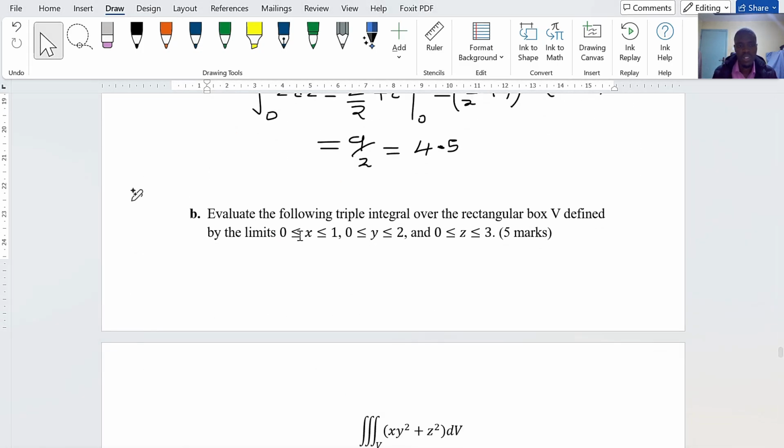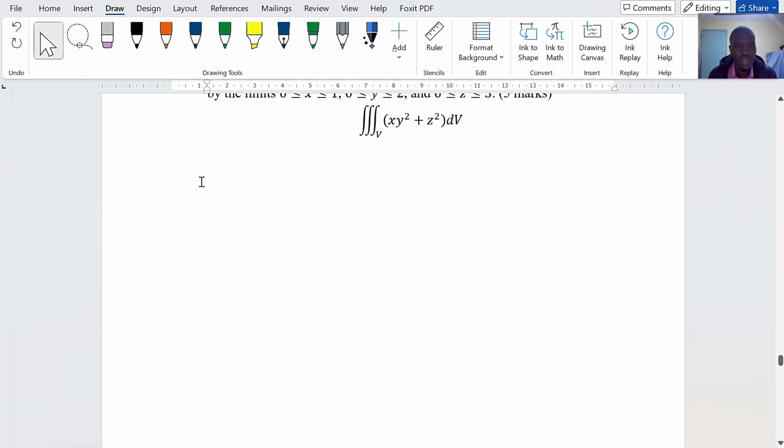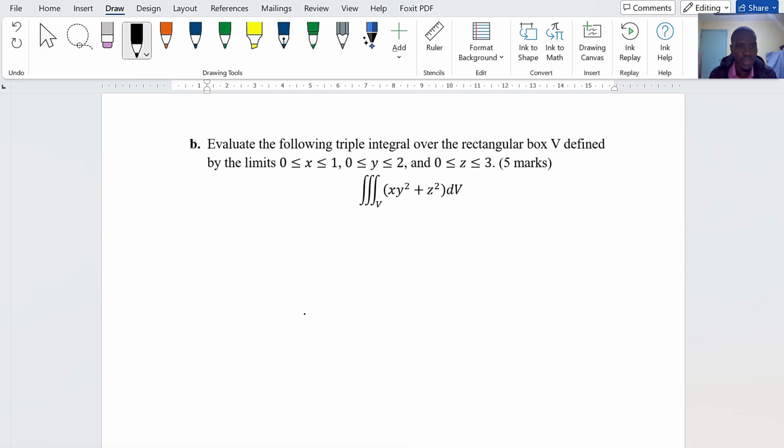Now we have another question here. To solve and finish. Same thing, dV in Cartesian coordinate system is dx, dy, dz. So inside out.